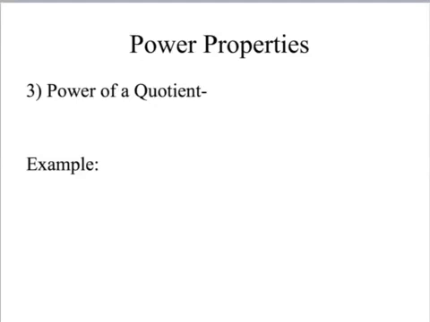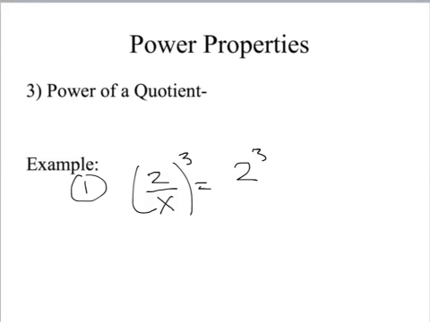So for example, I'll give you 2 examples. If I have 2 over x to the 3rd, it becomes 2 to the 3rd over x to the 3rd. Remember, we want to simplify anything that we can. 2 to the 3rd, remember, it's not 2 times 3, it's 2 times 2 times 2.